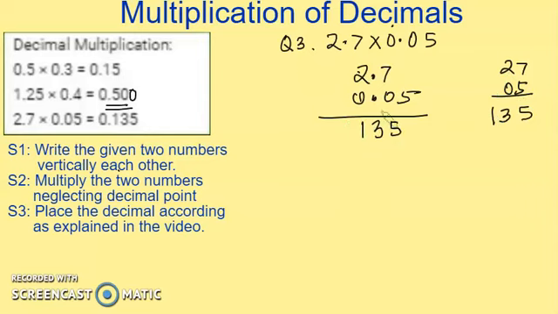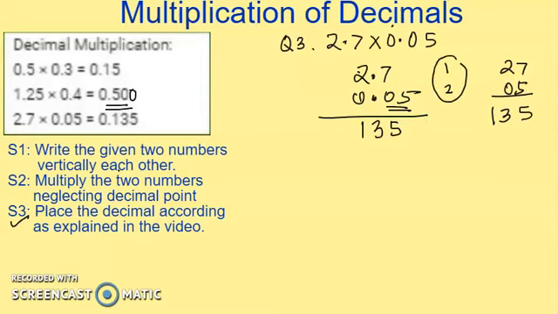Now the point is where to place the decimal. For placing the decimal, you have to follow the same step. Count the number of digits after the decimal in both the numbers. In the first case there is just one digit, that is 7, and in the second case there are two digits, 0 5, so 2.